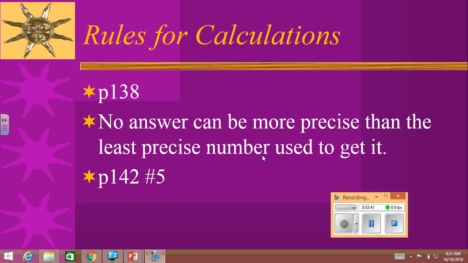All right, for C, 4.6 times 3.435. So we look at 4.6 has two significant figures. We look at 3.435 has a bunch. So we round off to 2 because of the 4.6.